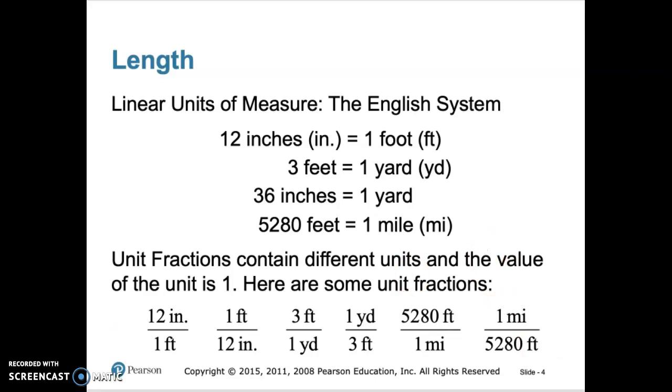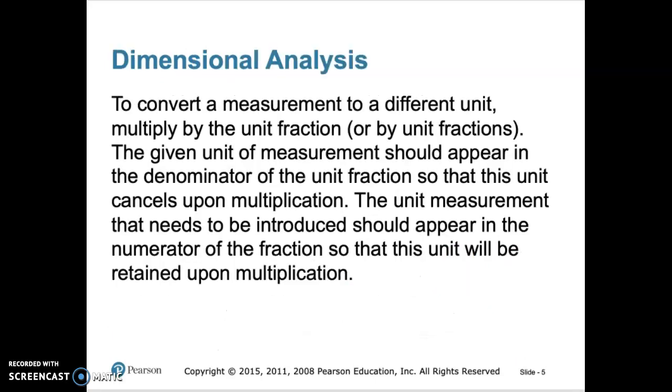All right, so let's talk about dimensional analysis. This is when we convert from one unit to another. So if I'm converting from feet into inches, I'm using that dimensional analysis, that unit fraction that we just talked about, to decide.